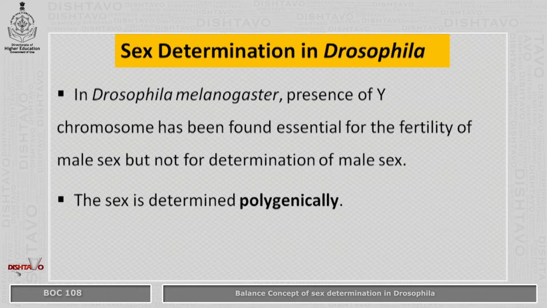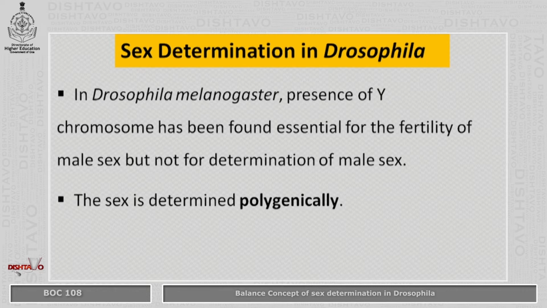Sex determination in Drosophila. In Drosophila melanogaster, commonly called a fruit fly, the presence of the Y chromosome has been found essential for the fertility of the male sex, but not for determination of the male sex.